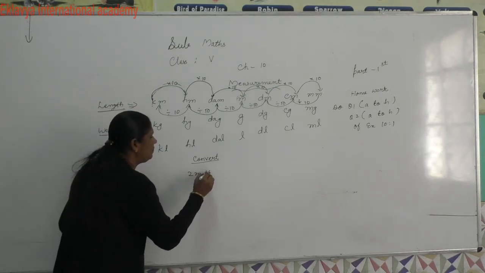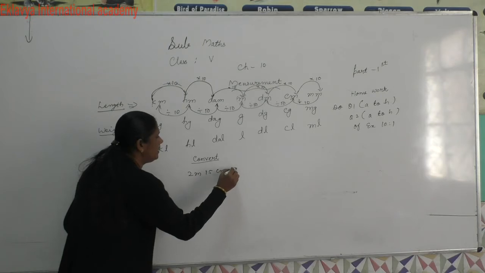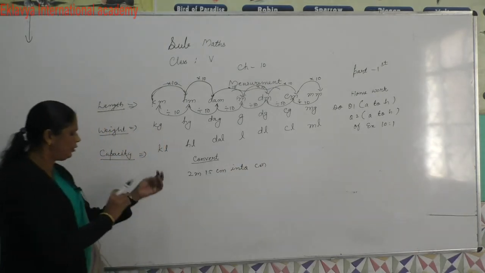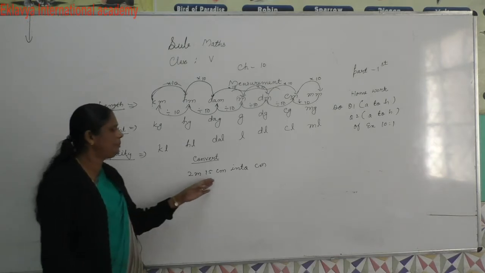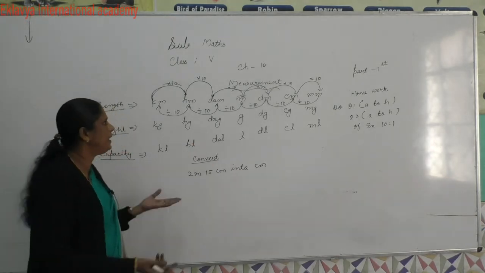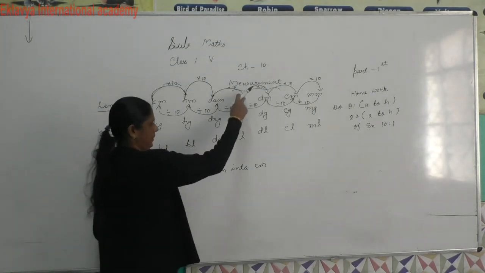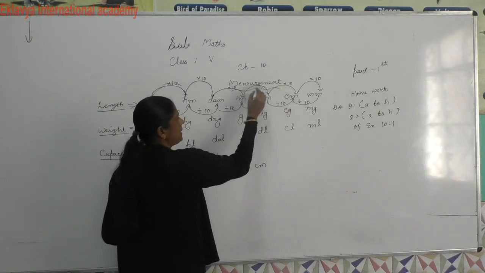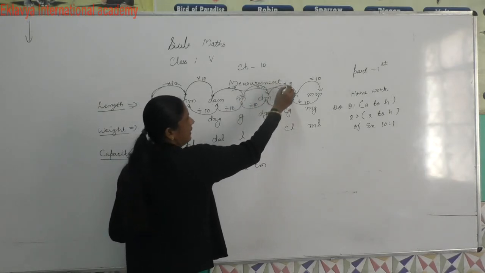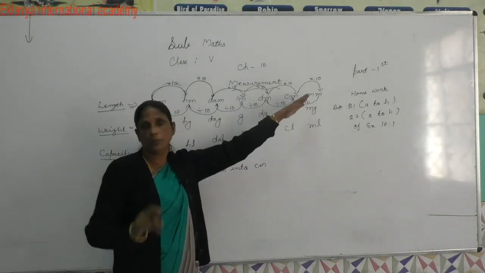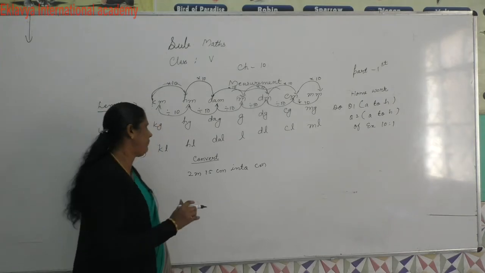2 meter 15 centimeter into centimeter. Where is our meter? Here. Our centimeter here. How many steps do we move? 1, 2. That is 10, then 100. Meter to centimeter, bigger to smaller, multiply.